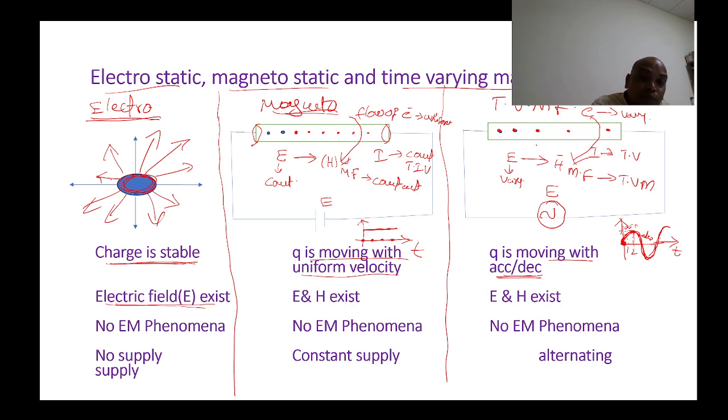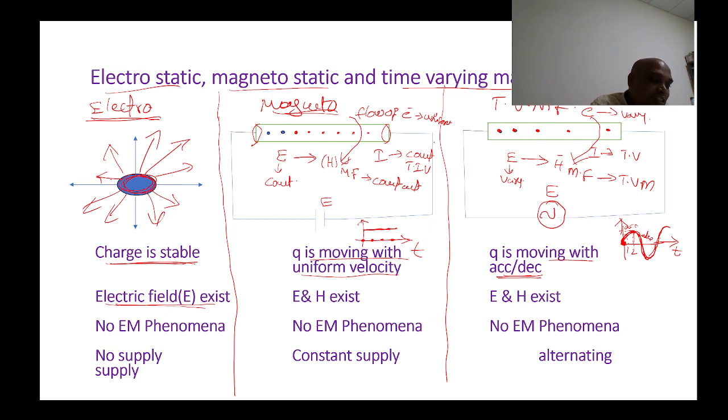Here charge particles are moving in acceleration and deceleration in a time varying magnetic field. Why? Because here the applied field is time varying. Here the applied field is constant. Clear? So whenever a constant magnetic field is applied, charge particles are moving with uniform velocity. Here charge particles are accelerating and decelerating.